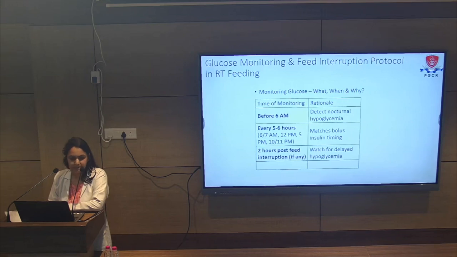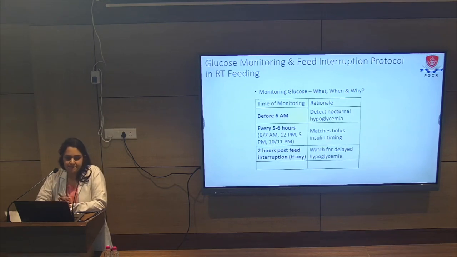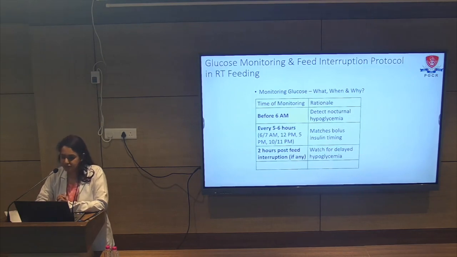Doctor, I just have a question. How do you do the glucose monitoring, whether it is point of care capillary prick or continuous? Point of care capillary, sir. Why not CGM? Continuous glucose monitoring has not been approved as such till now for in-hospital use because of many reasons, including hemodynamic instability and capillary perfusion.